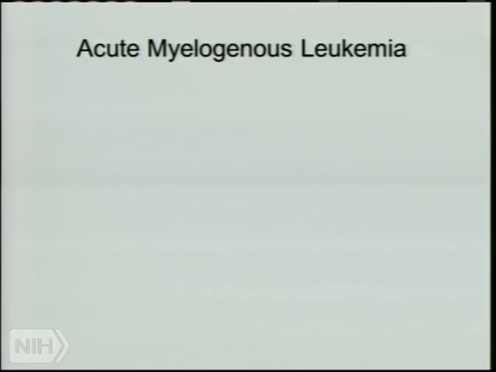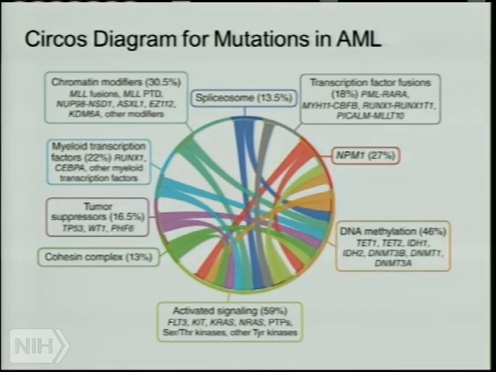So then AML brings us a really interesting and different story. So AML, this is a variety of patients. You don't have all these mutations in every patient, obviously. But they found a number of different mutations and then have classified these mutations in acute leukemia. So mutations that affect DNA methylation, that affect chromatin remodeling, chromatin modifiers, transcription factors, across the board mutations.